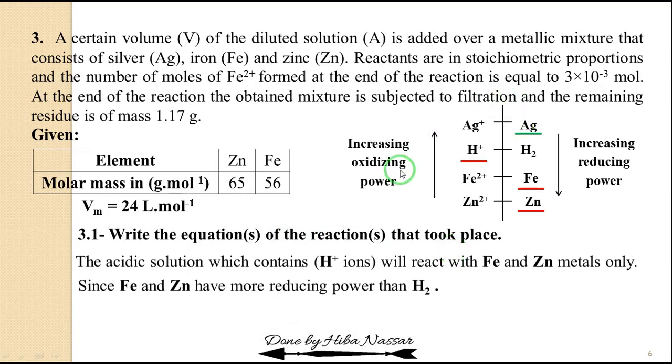Here, looking at the given information and at the classification, we can say that the acidic solution, which contains H+ ions, will react with iron, Fe, and zinc metal only, since Fe and zinc have more reducing power than H2, and silver Ag will be collected as a residue.